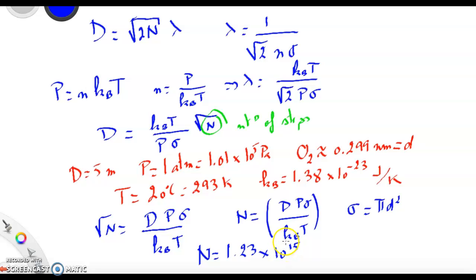Now, the second thing you could compute is tau, the average time per collision, and then multiply by the number of collisions. So you end up with the total time it takes to travel the distance. Now, what is the expression for tau?